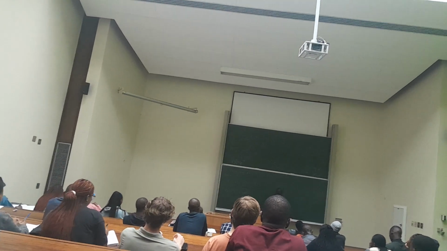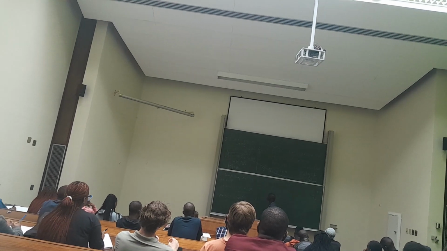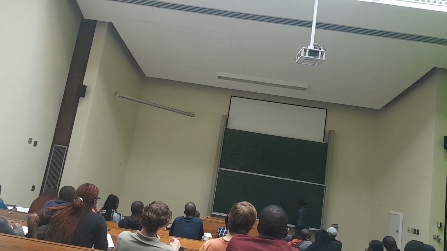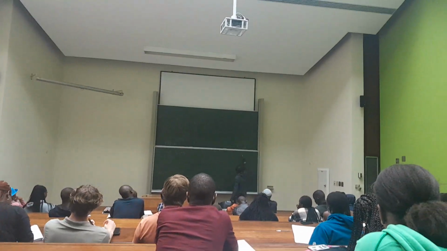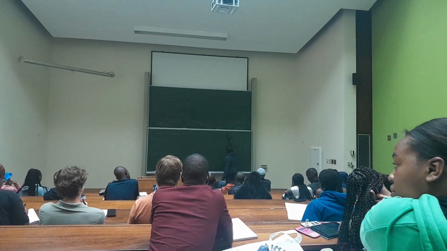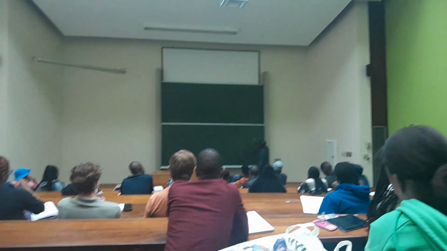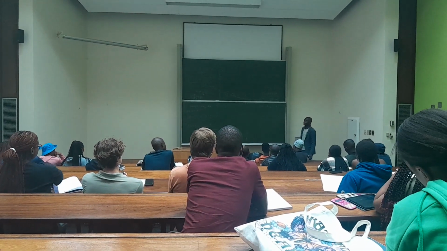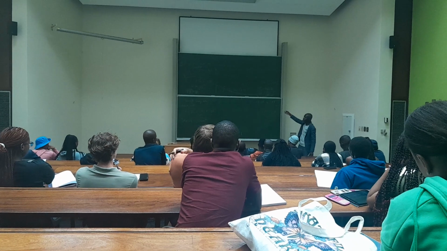Okay, so from there, we know that if you take any number, this is known. This number is always bounded by the absolute value of x and the absolute value of minus x. This is known. This is always true.